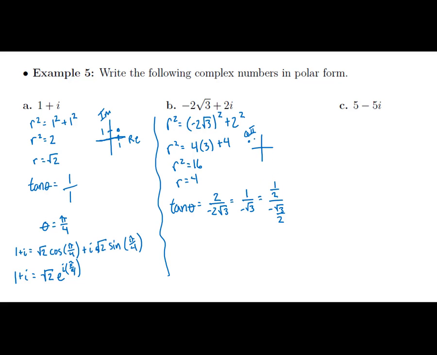And so in quadrant 2, the sine is positive 1/2, and the cosine is negative root 3 over 2 when theta is equal to 5 pi over 6. So just writing it using Euler's formula, we get that negative 2 root 3 plus 2i is equal to 4 e to the i times 5 pi over 6.